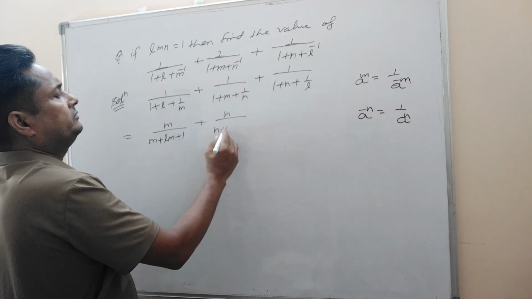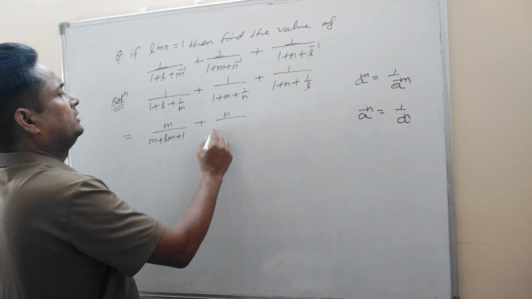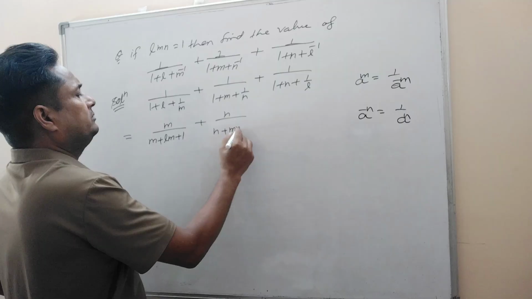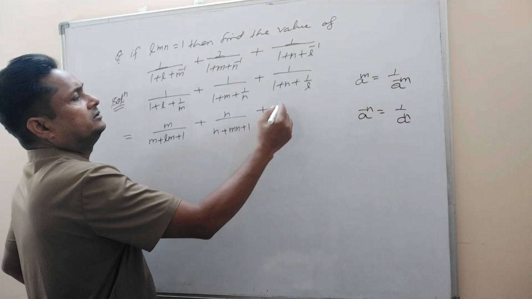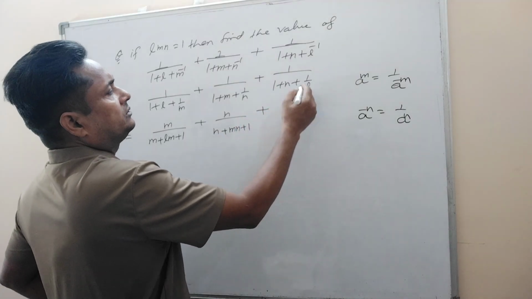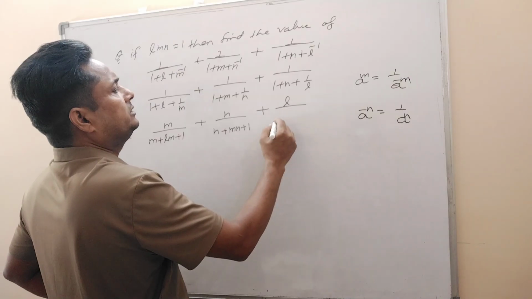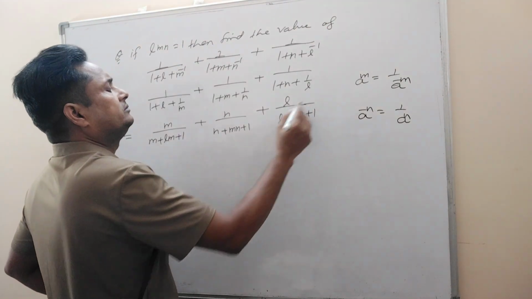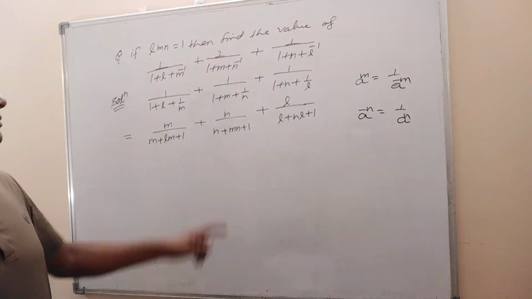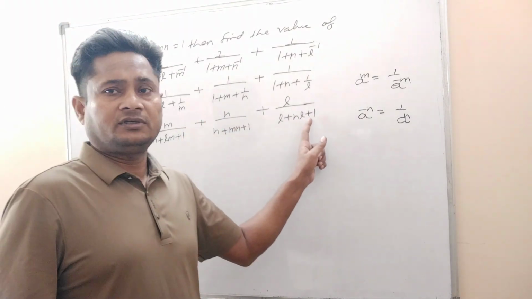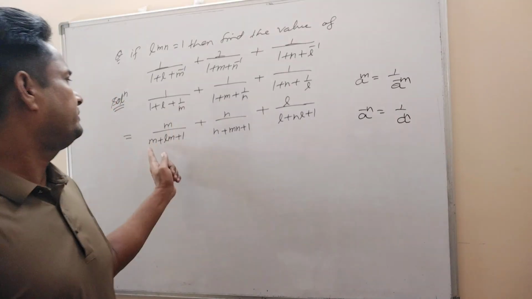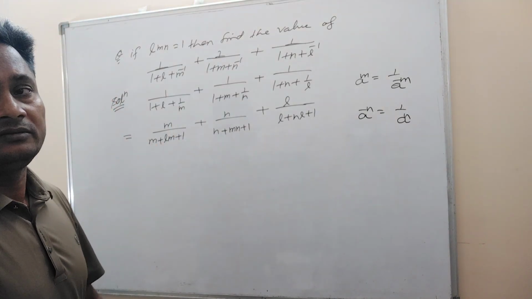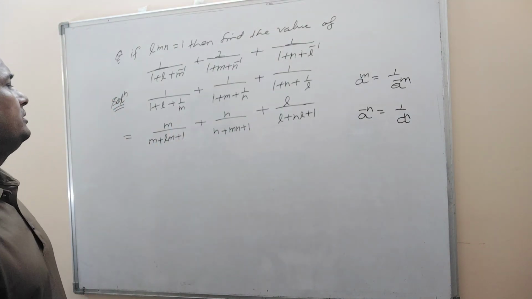So this will be n plus mn plus 1. This will take LCM. So this will be l by l plus nl plus 1. Take LCM. After taking LCM, simplify. This is the value of all three terms.